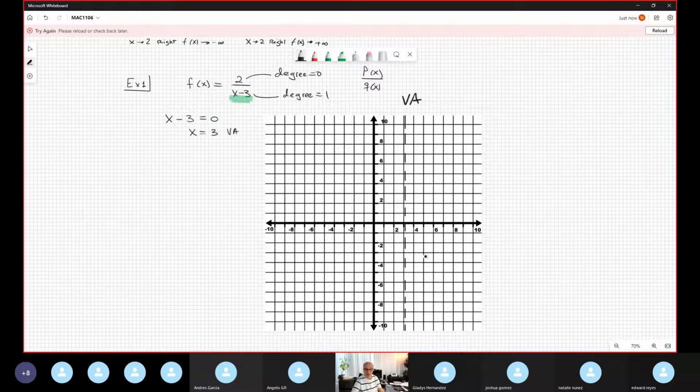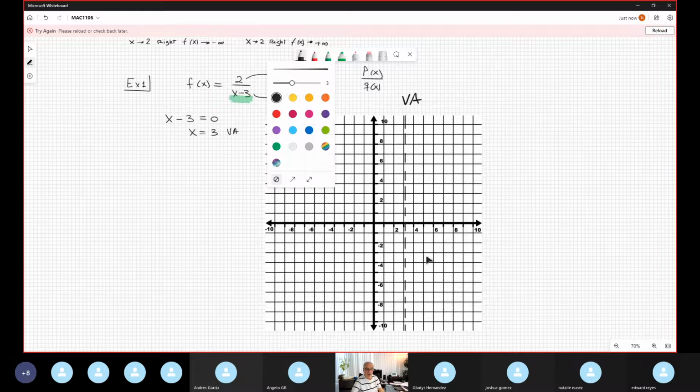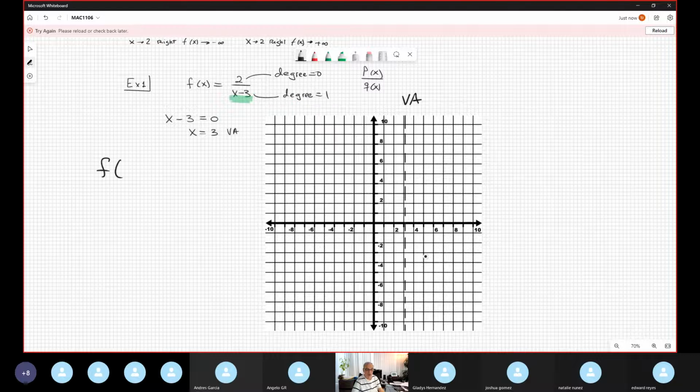To understand the behavior, I propose you evaluate f at one point before and one point after, maybe 2 and 4. Evaluating at 4: 2 over 4 minus 3. 4 minus 3 is 1, and 2 divided by 1 is 2, and the point is 4, 2.